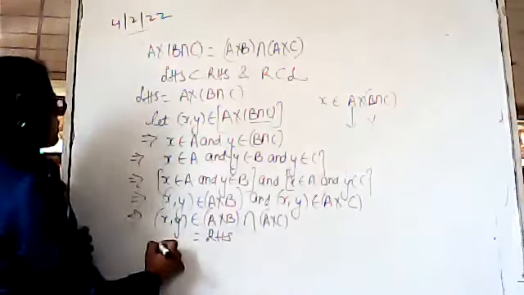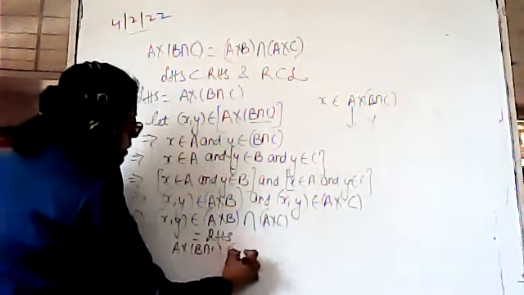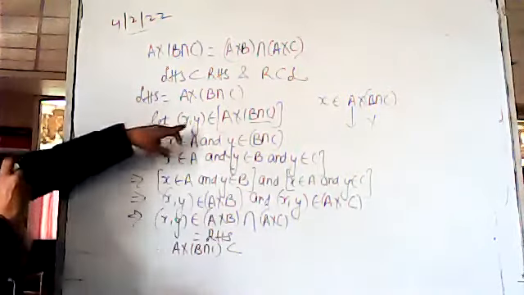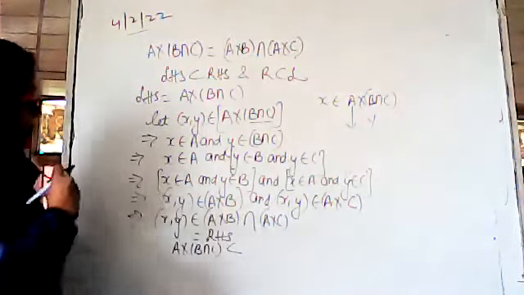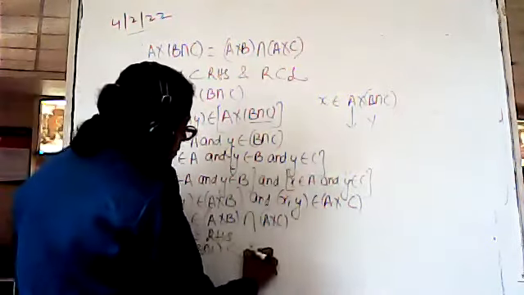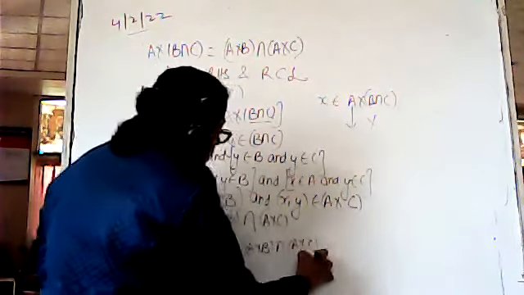So it means that A cross (B intersection C) is a subset. We have taken an element in the left-hand side and proved that this element belongs to the right-hand side. So A cross (B intersection C) is a subset of (A cross B) intersection (A cross C).